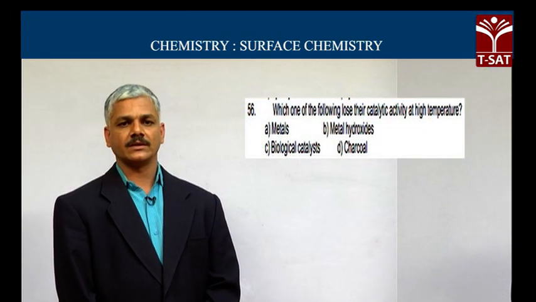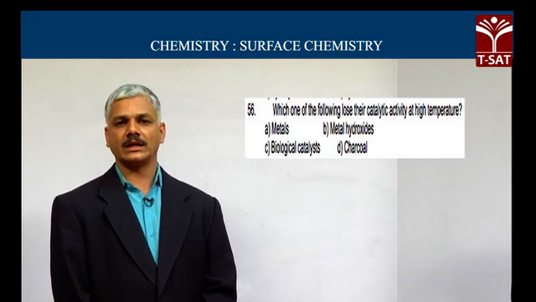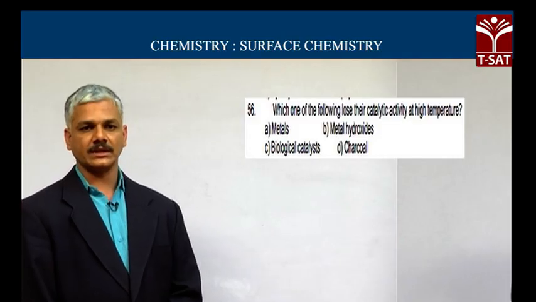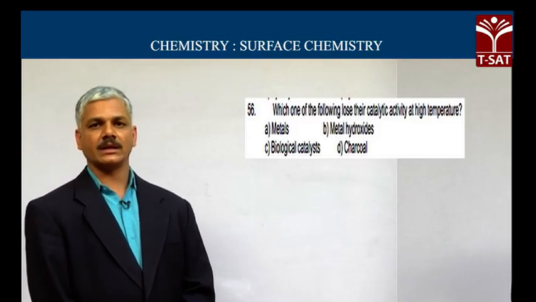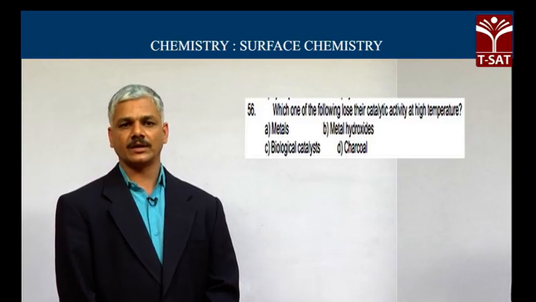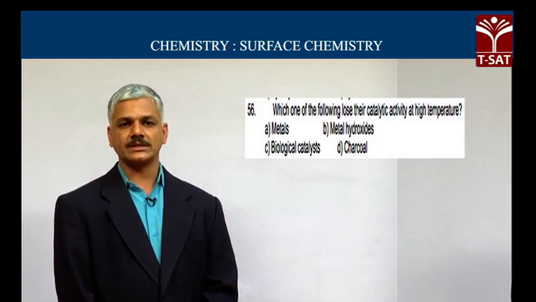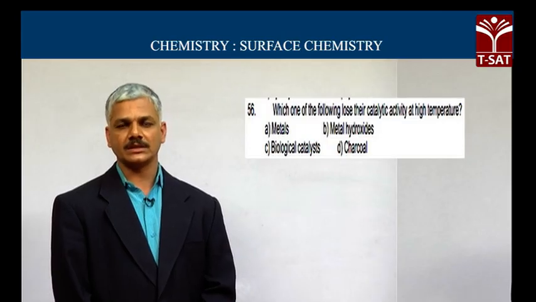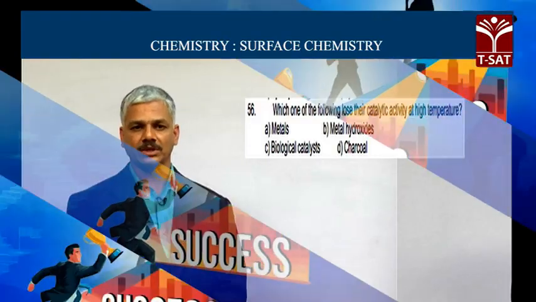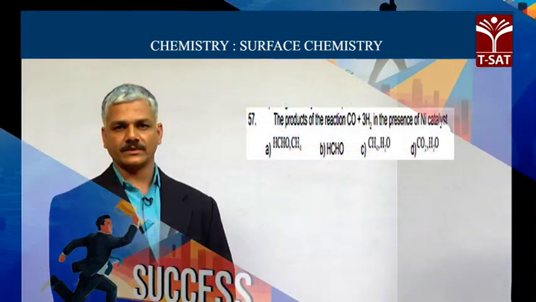56th question. Which of the following lose their catalytic activity at high temperature? Given options are metals, metal hydroxides, biological catalysts, D, charcoal. Correct option is C, biological catalysts or enzymes lose their activity at high temperature. 57th question.